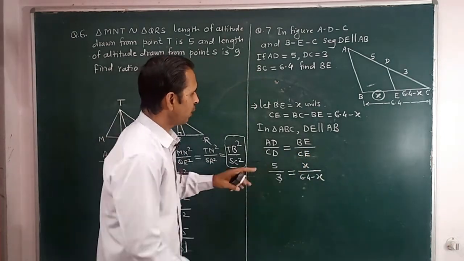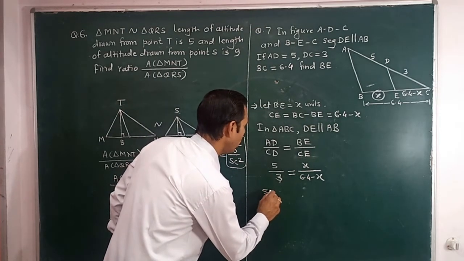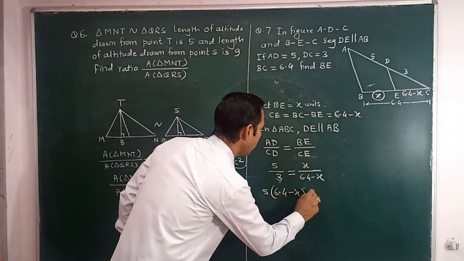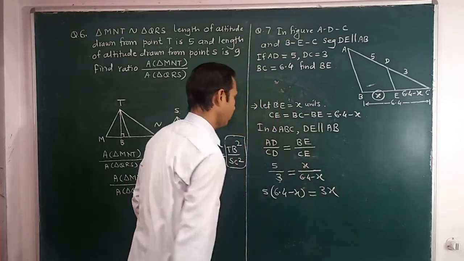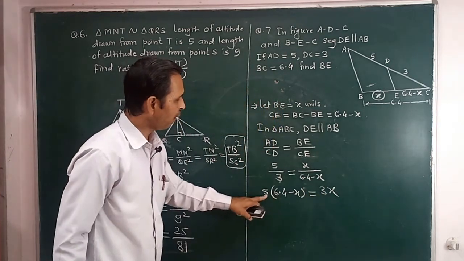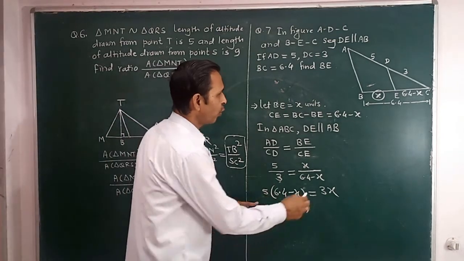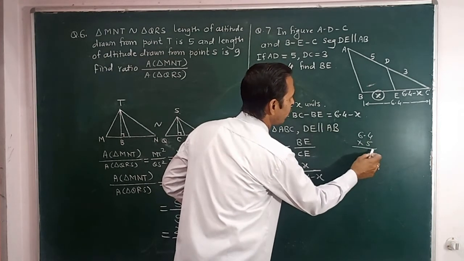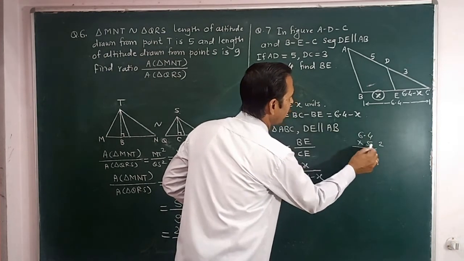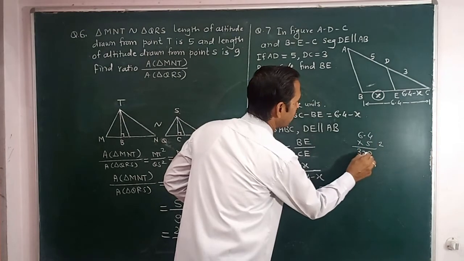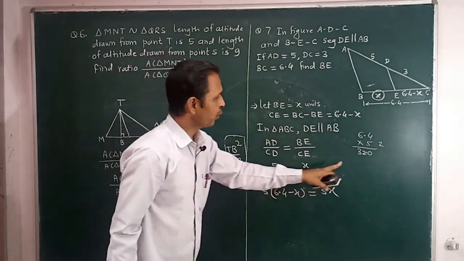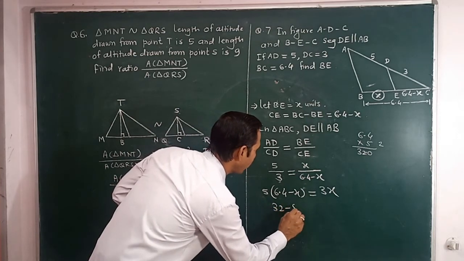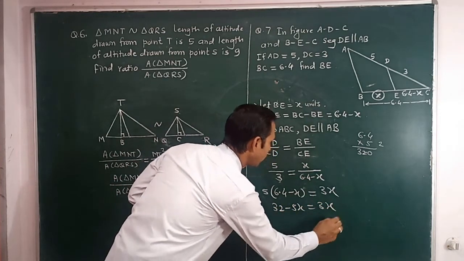Then if you cross multiply, 5 into (6.4 minus x) is equal to 3x. Now multiply by 5: 6.4 into 5, 5 into 4 is 20, and then 32, so this is 32. So 32 minus 5x is equal to 3x.